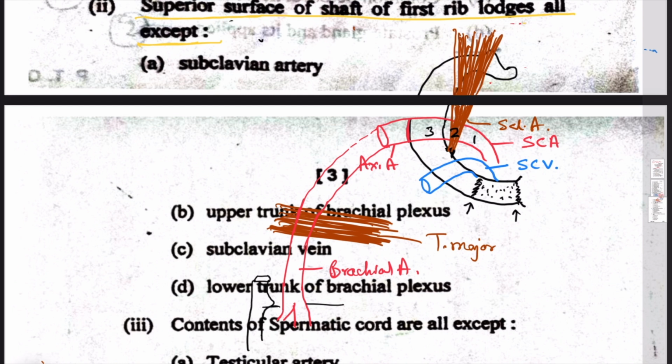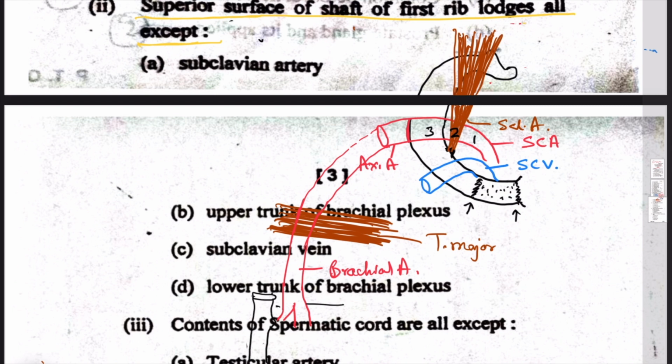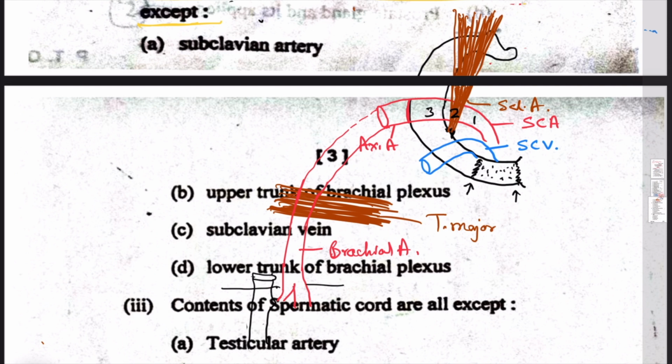So remember, it is below the radial tubercle, or better to say, along the neck of the radius. So this is the head of radius, neck, and the radial tuberosity. So the level of bifurcation of this brachial artery will be along the neck of radius.